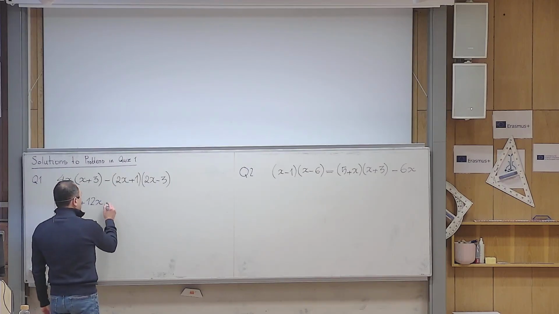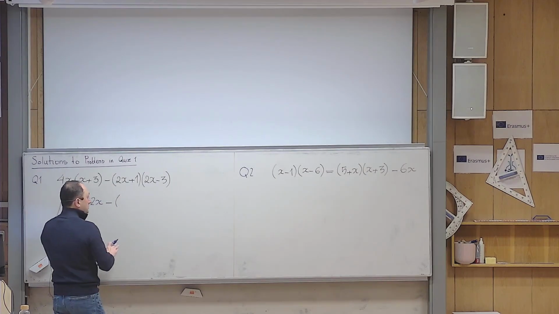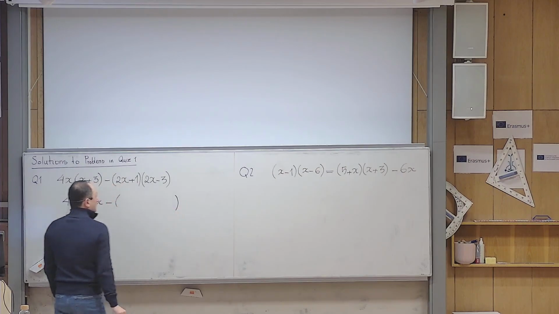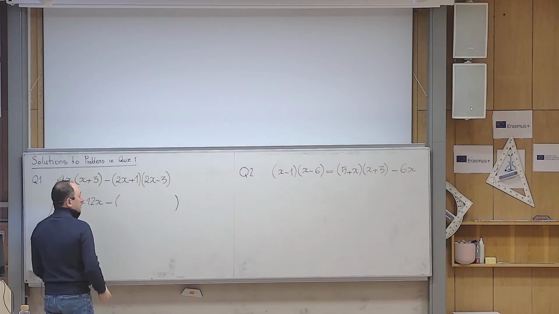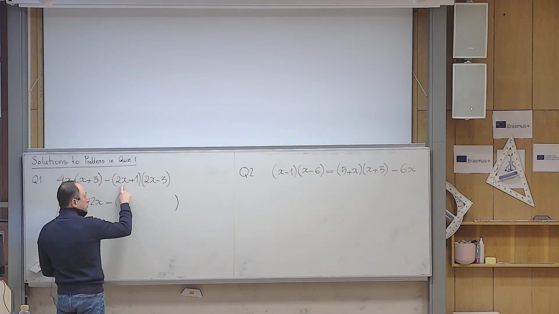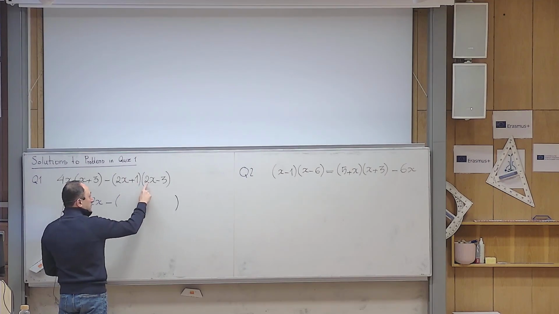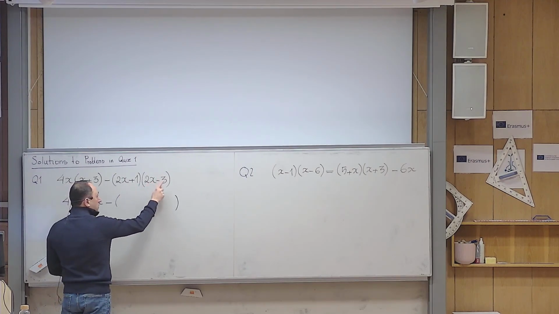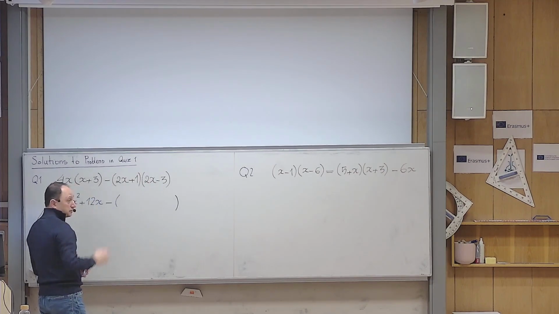So I would put a minus sign here if I want to write everything. So I end up opening here, and then I start multiplying this. Some of you used, I don't know, the conjugate rule here. That's not the conjugate rule because this is 2x plus 1. It should be 2x minus 1. Then you can use the conjugate rule. So it's not the conjugate rule, so you have to multiply.